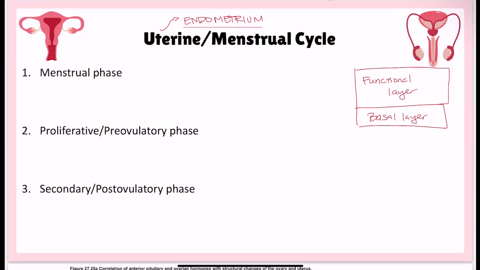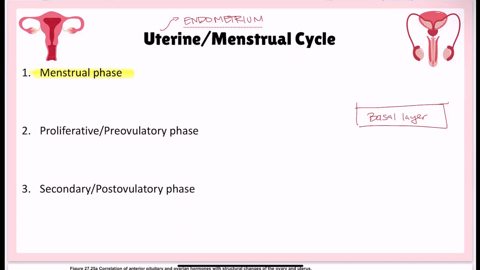So it's a shedding of the functional layer of the endometrium. So the menstrual phase is what we're talking about first. The menstrual phase involves this functional layer just going away. Typically lasts between 3 to 5 days. And it's also associated with an uptick in estrogens from developing ovarian follicles.